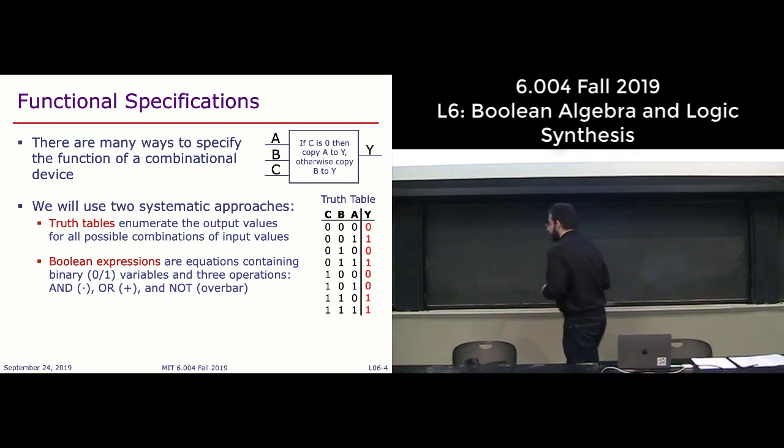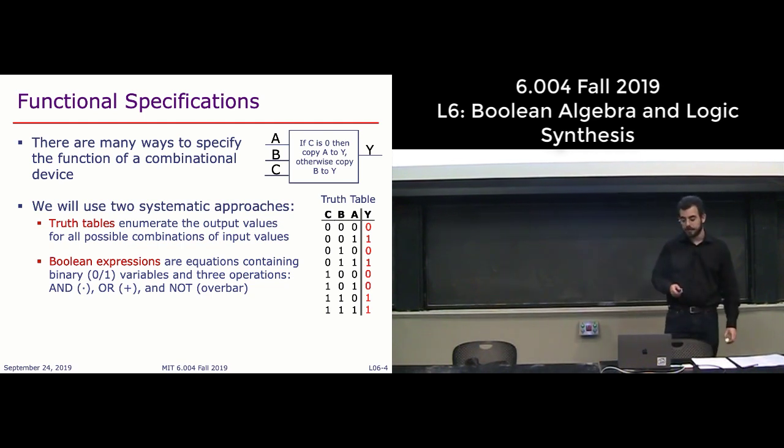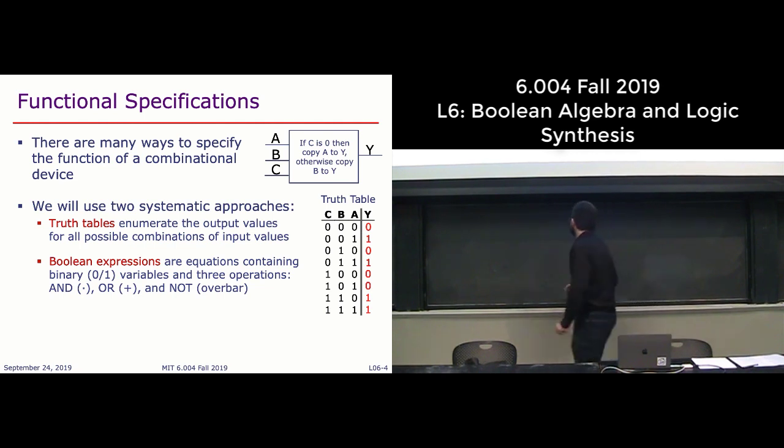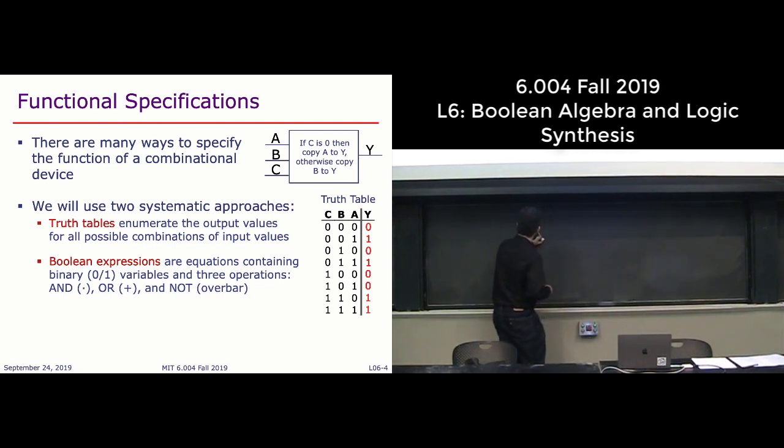Now, in this lecture, and almost for this lecture only, we're going to represent and as a product, or as a sum, or as a plus, and then not as an overbar. But there are many different representations of these operators.